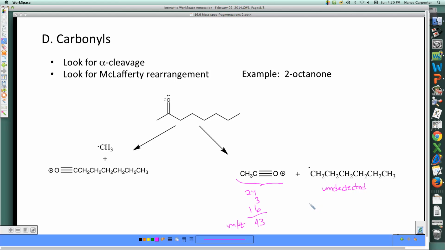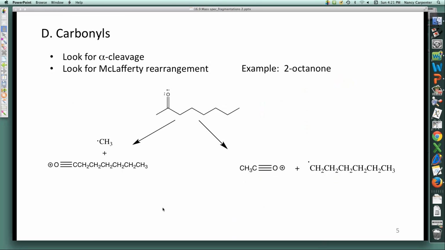So those kinds of fragmentations are really super fast. If you have an aldehyde, well, of course, you're going to see a big time M-1 peak from the alpha cleavage of an aldehyde. I'll let you think about what would be a dead giveaway for an acid via alpha cleavage.